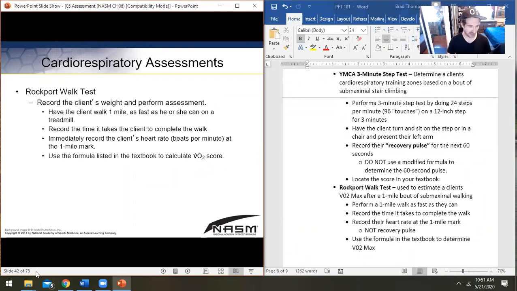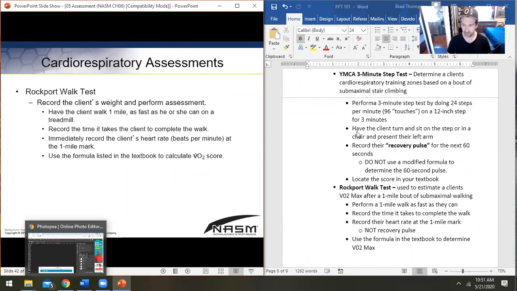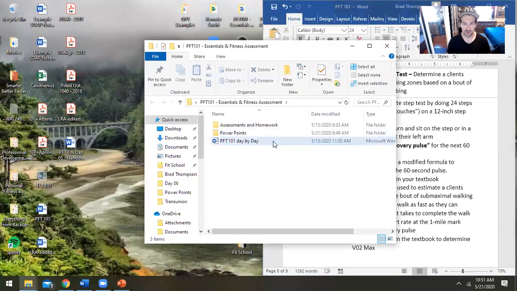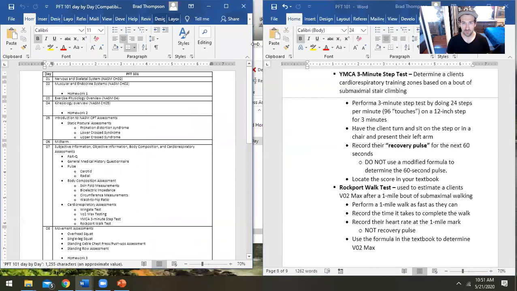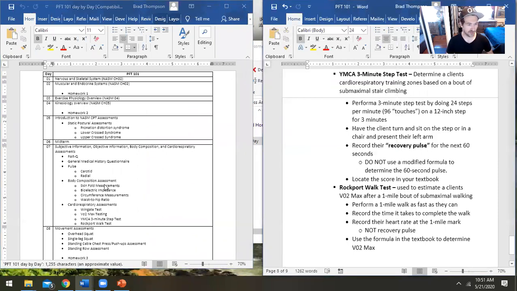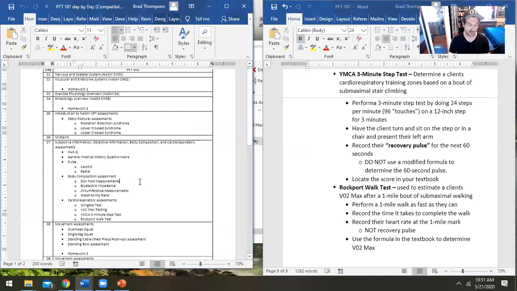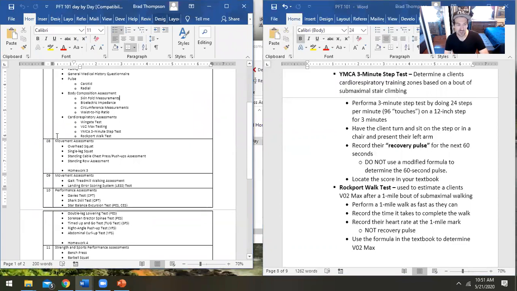I'll pull up the day by day here actually. We just covered today your pulse and your body composition stuff. We went over our VO2 testing. Tomorrow we're getting into movement assessments. So overhead squats, single leg, and some others.